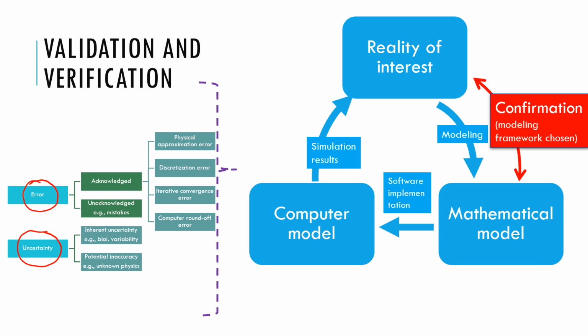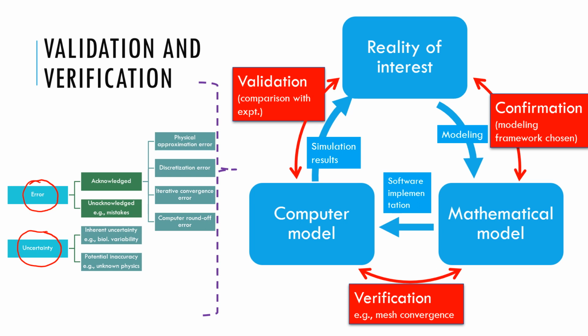For the processes, there are three assessment steps in the modeling: one is confirmation, another is verification, and finally validation. So let's look at how the errors and uncertainties map onto these stages of modeling and its assessment.